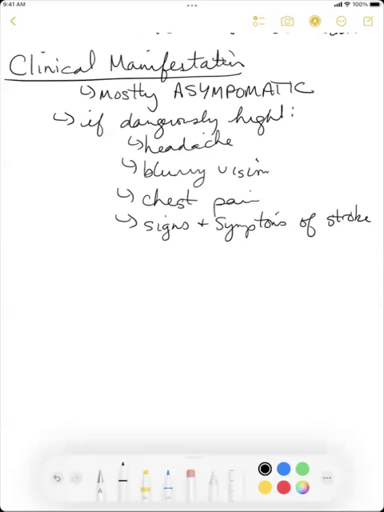So there are a couple of ways that we can actually treat high blood pressure. And the first way is through pharmacologic techniques. So from a pharm perspective, the first way is to reduce the fluid in the bloodstream.